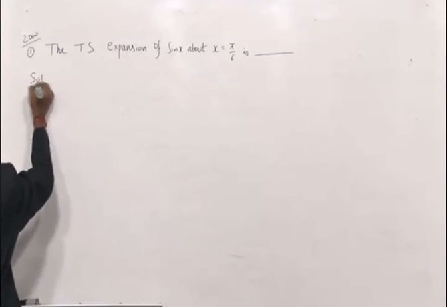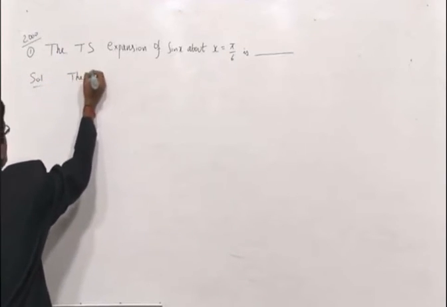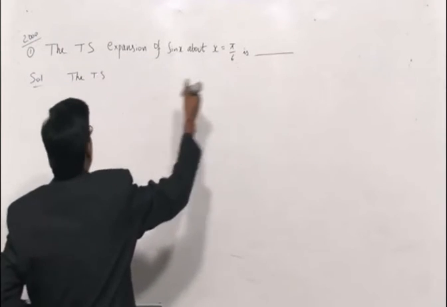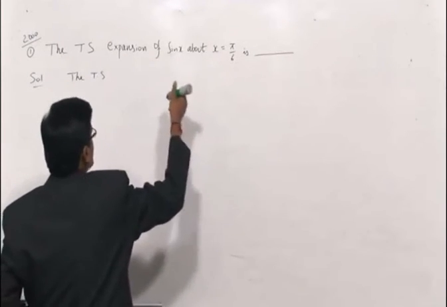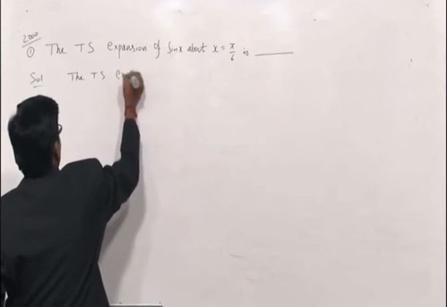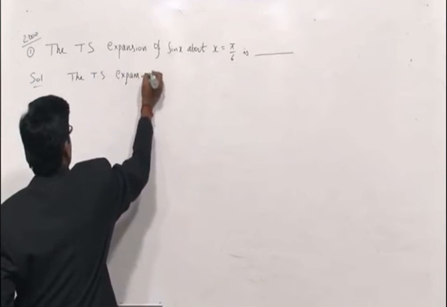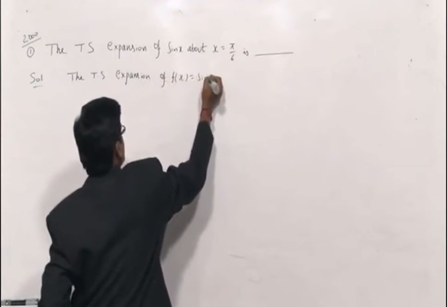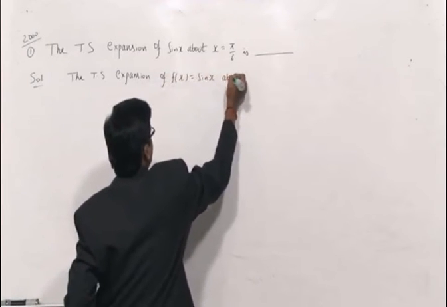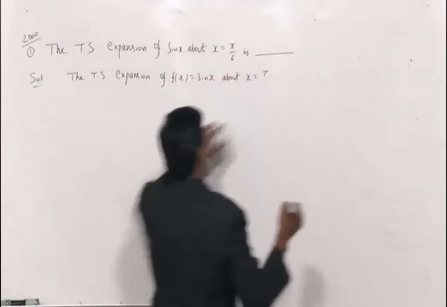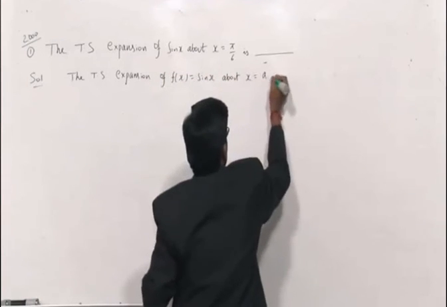Solution. I am going to do this problem by the Taylor series expansion, that means calculating the derivatives term by term. Taylor series expansion of f(x) is equal to sin x about x is equal to pi by 6, that is, about x is equal to a.